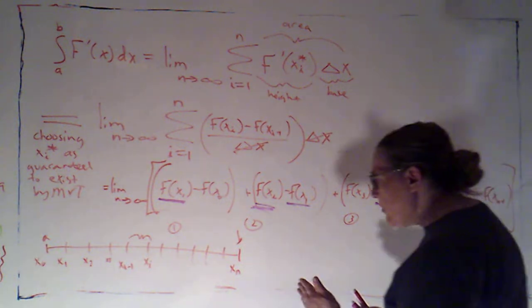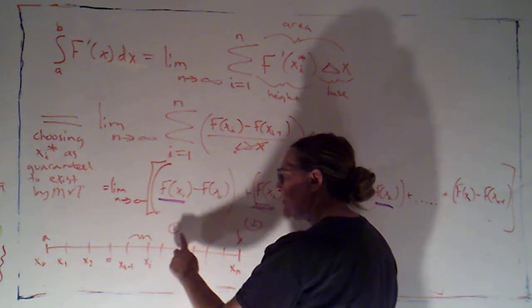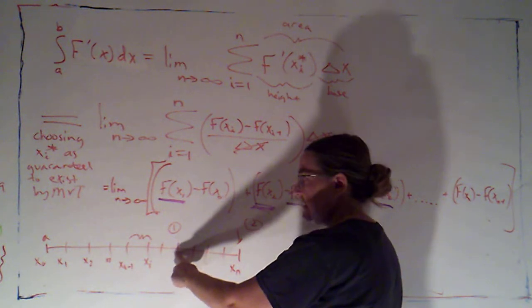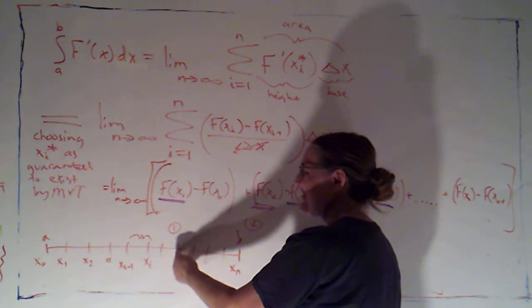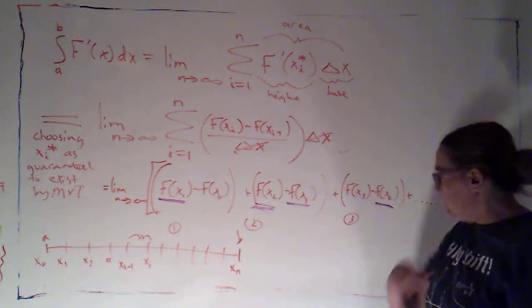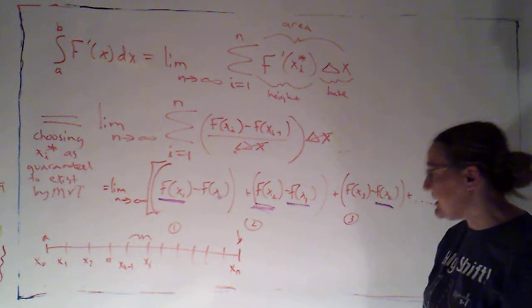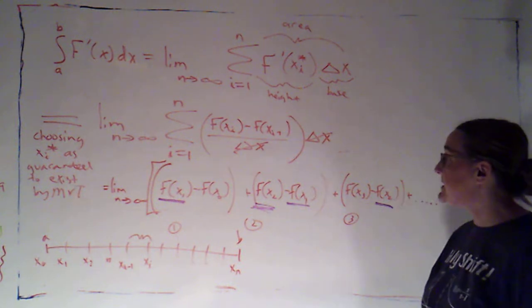And in fact, almost all of these x values, all of the ones in the middle, are both left and right endpoints. They're the left endpoint of the interval that's to the right. They're the right endpoint of the subinterval that's to the left. So we're going to get the function evaluated at them twice, once positive and once negative.